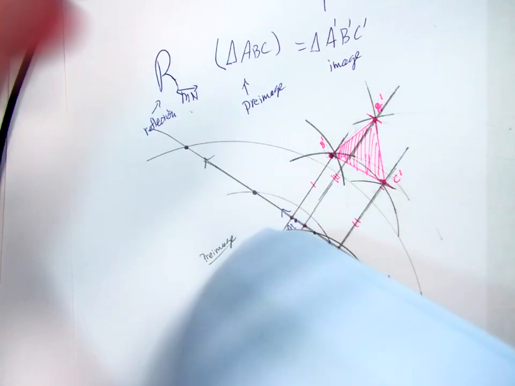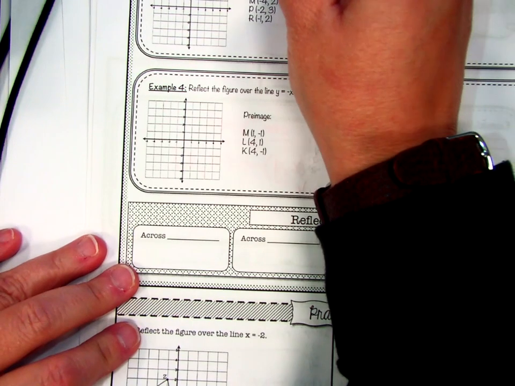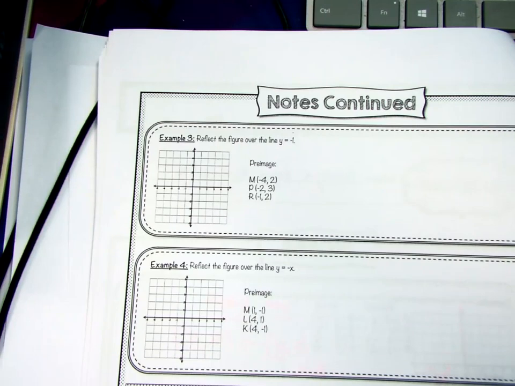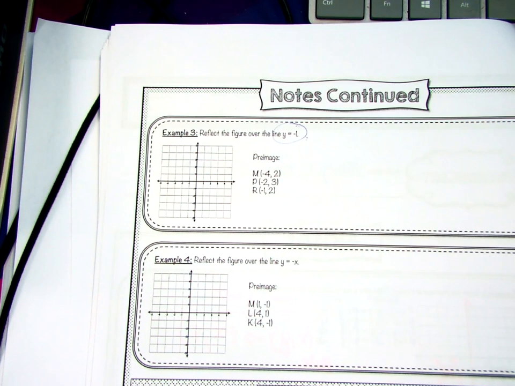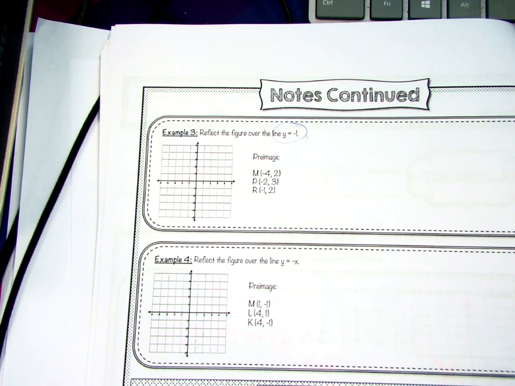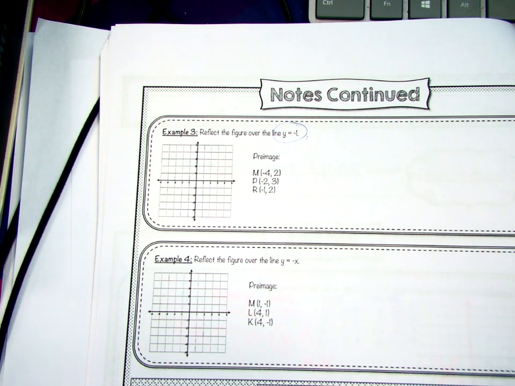Alright. Flip the page over. Now, it's telling you specifically on this one the line y equals negative 1. You have to remember what kind of line that is, and I guarantee you it's one of your special lines. Is it a vertical line or a horizontal line?